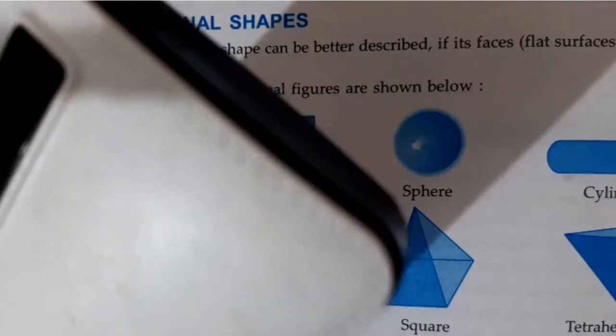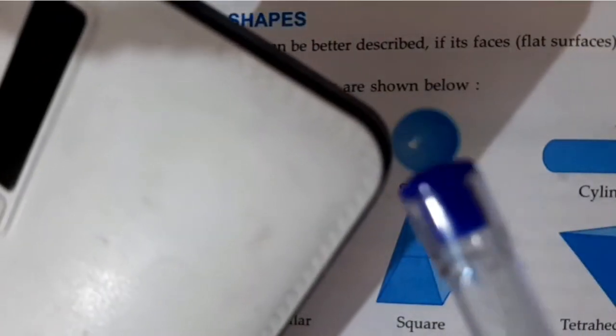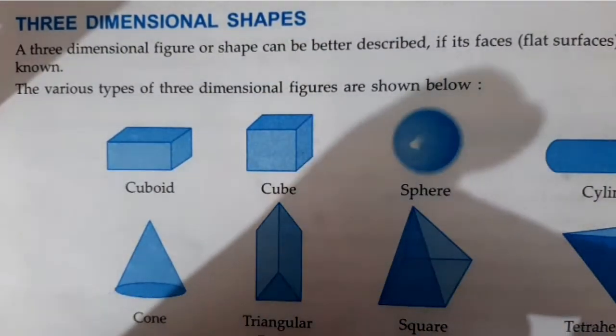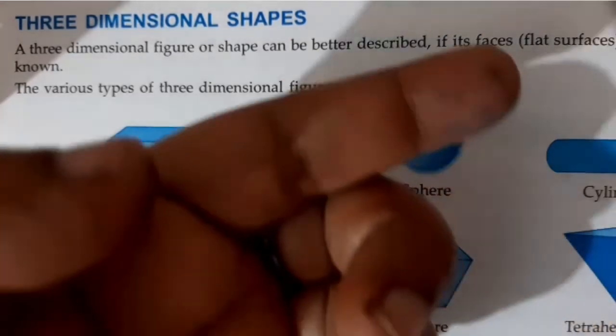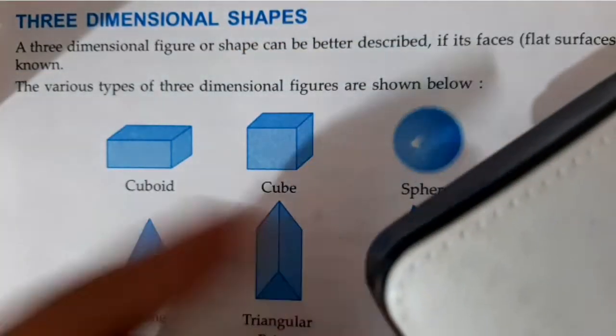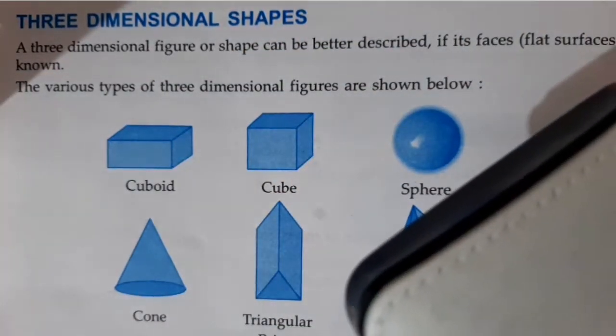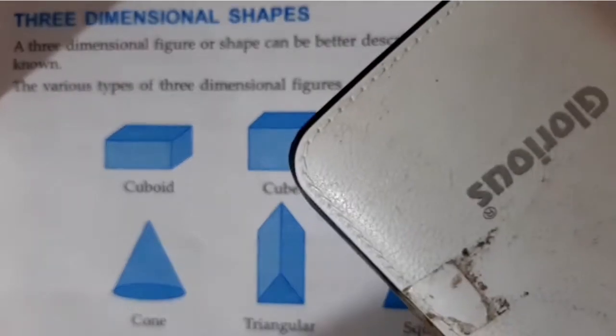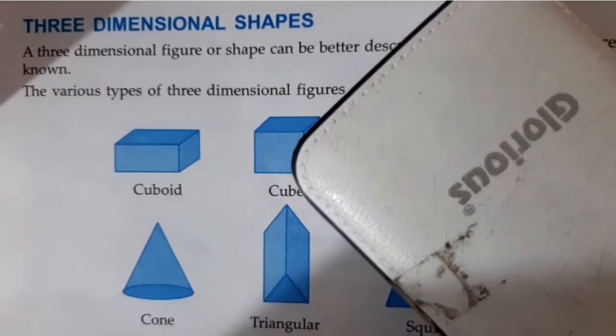And it has 8 vertices. Vertices means the corners. See, you can count the number of corners. 1, 2, 3, 4, 5, 6, 7, 8. These are the corners. So a cuboid has 12 edges and 8 vertices.